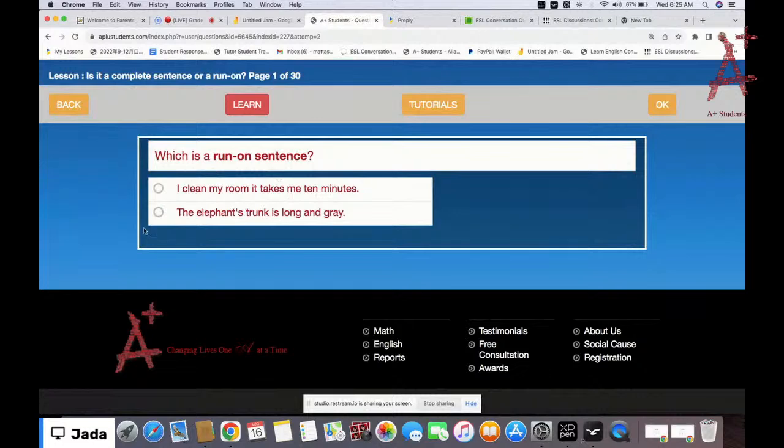Of course, you can see that I clean my room, it takes me 10 minutes, is two sentences joined together, because you can say I clean my room, and it takes me 10 minutes is another part of the sentence. But the elephant's trunk is long and gray is a complete sentence.